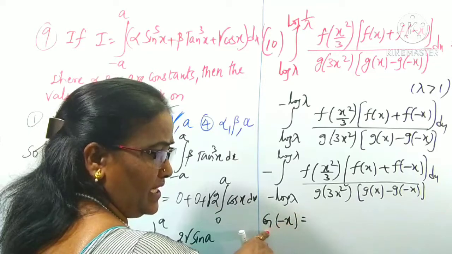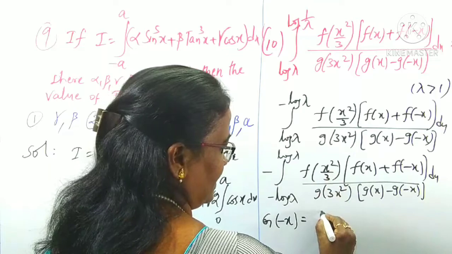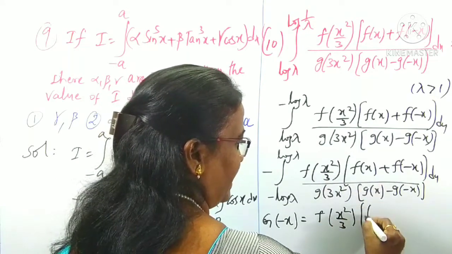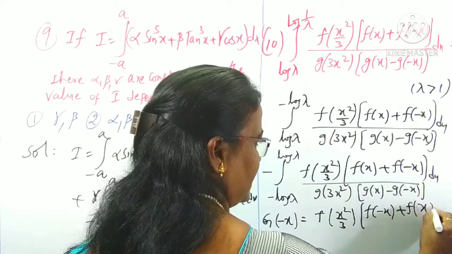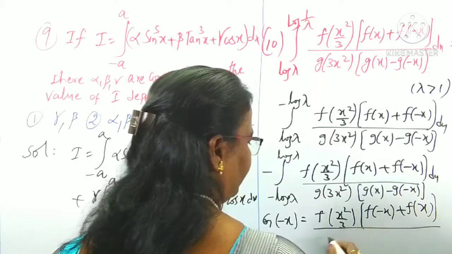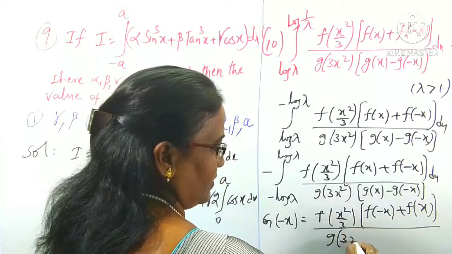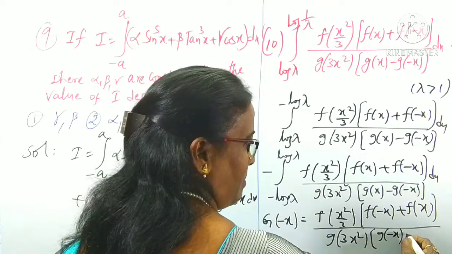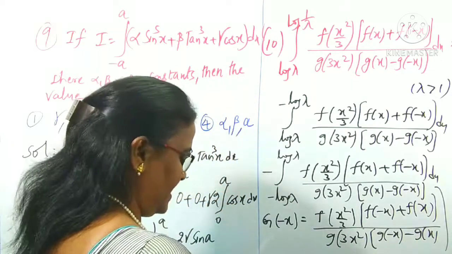In place of x, we can take minus x. What happened here? F of minus x whole square is x square only, that is x square by 3 f of x. Here, f of minus x plus f of x upon g of 3x square, with the minus x whole square is x square only, right? G of minus x minus g of x, right? What happened here?